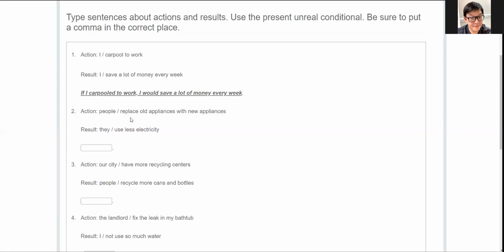Action. People replace old appliances with new appliances. Result, they use less electricity. So let's do the imaginary action sentence.